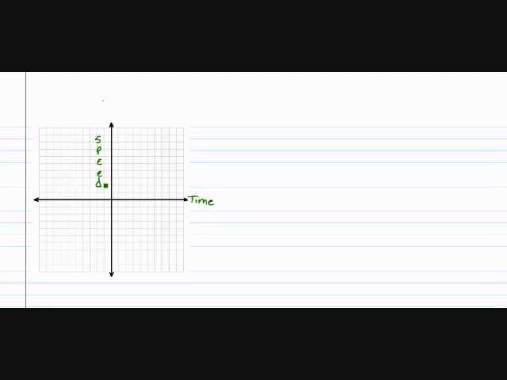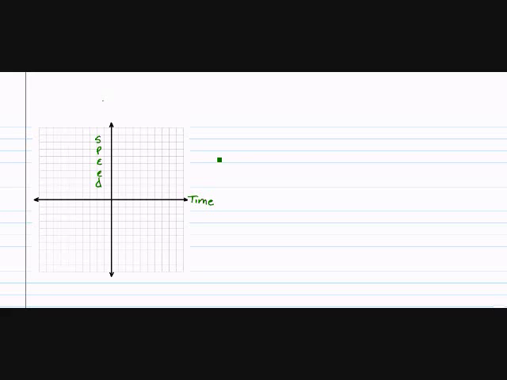Time always goes on your x-axis. So the other numerical value, which in this case is speed, will go on your y-axis. Let's talk about what happens with a bus. Okay, let's go ahead and start the bus.